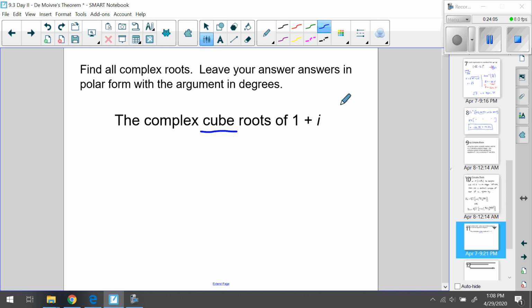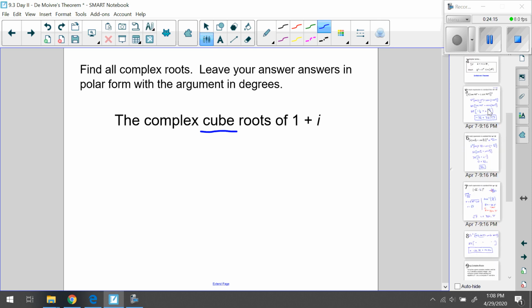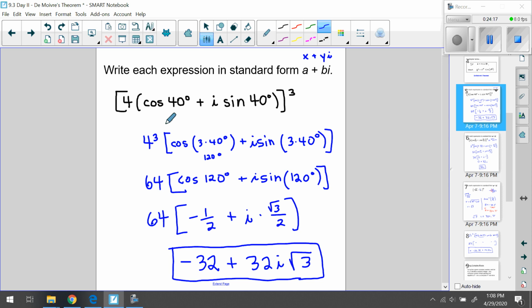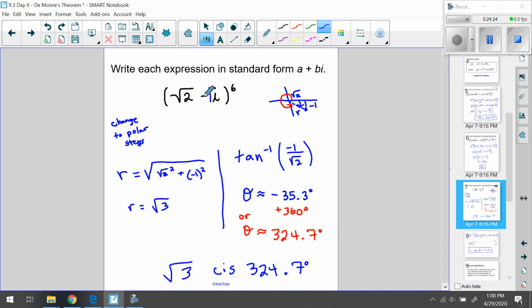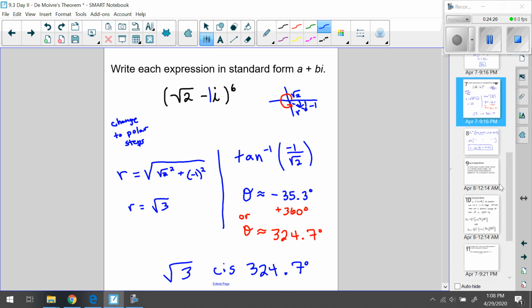Just like the last problem, for really every problem that you do in your homework today, you want to start with the number being in polar form. When you start your homework, sometimes it will already be in polar form for you, and you'll like those. Those will be easy to get started with. And as we noticed with our third example, if it's not in polar form, you need to change it to polar form.